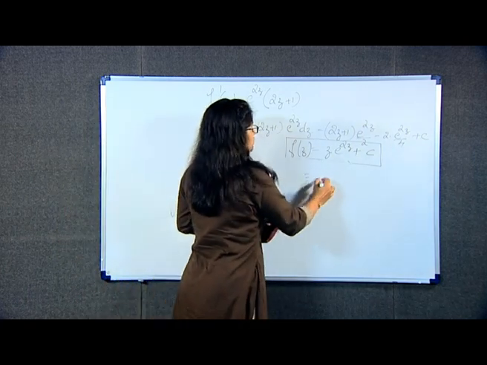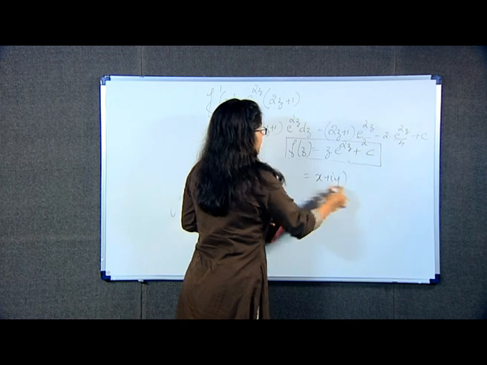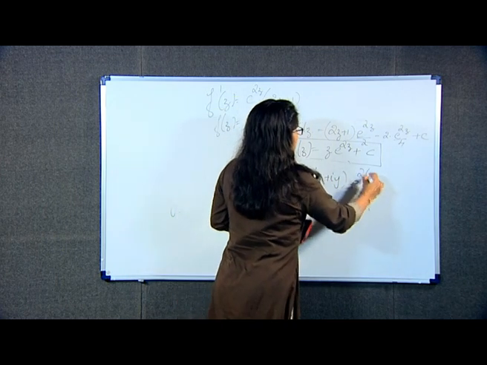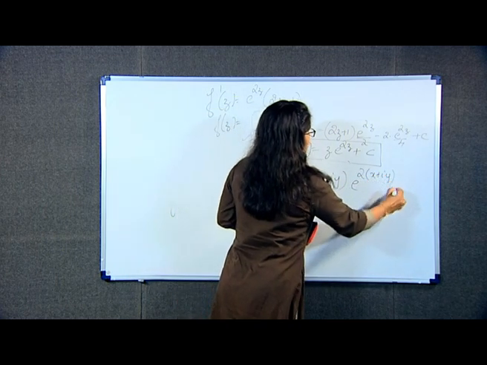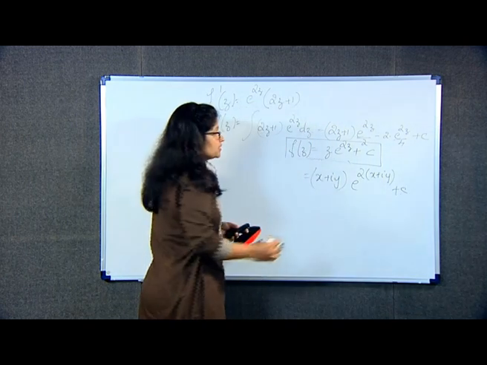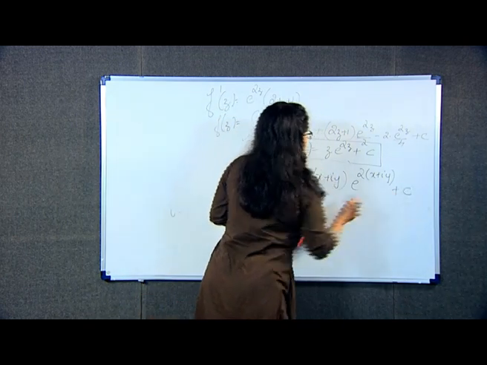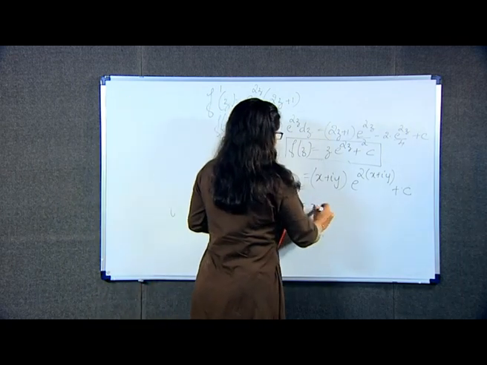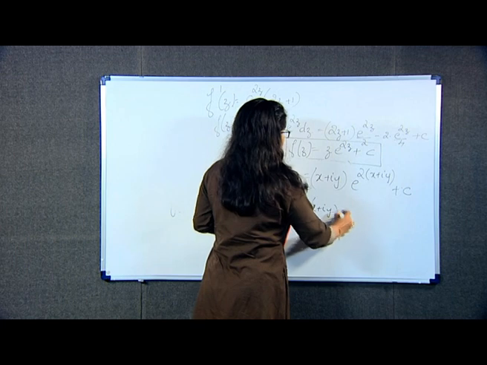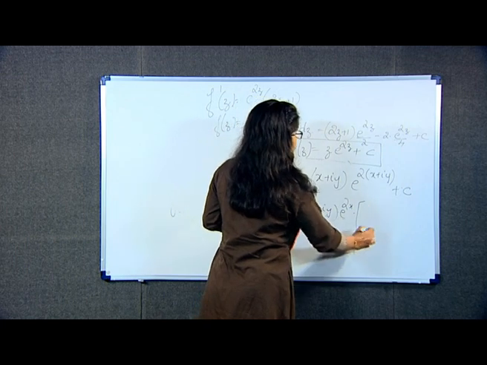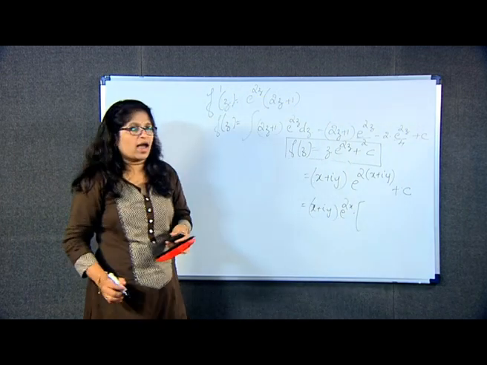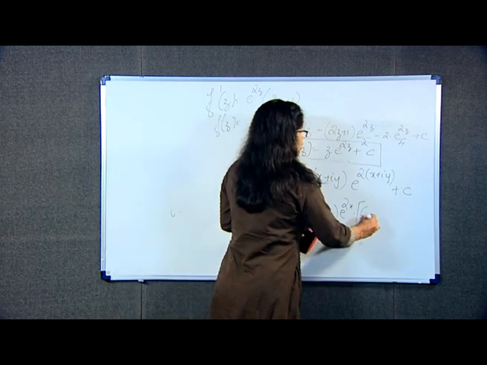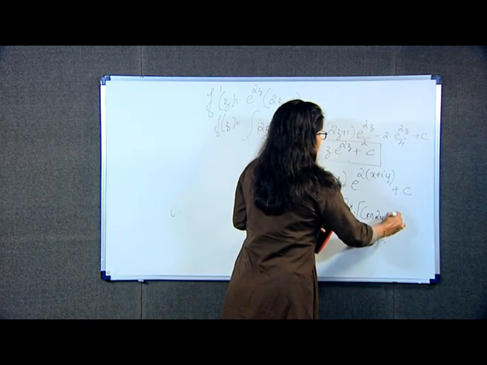So, I replace my z as x plus iy and now you will have to collect the real and imaginary parts. Here c is your constant of integration. So, again x plus iy, what do I have here? e raised to 2x into e raised to i 2y, that is nothing but cos 2y plus i sin 2y.